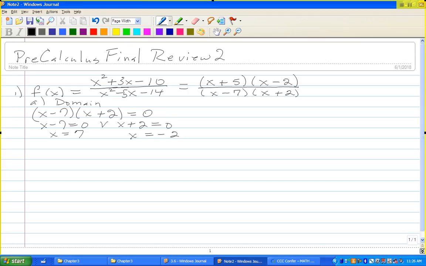So the domain is the interval from negative infinity to negative 2, and from negative 2 to 7, and from 7 to infinity. Okay, so that's the domain.